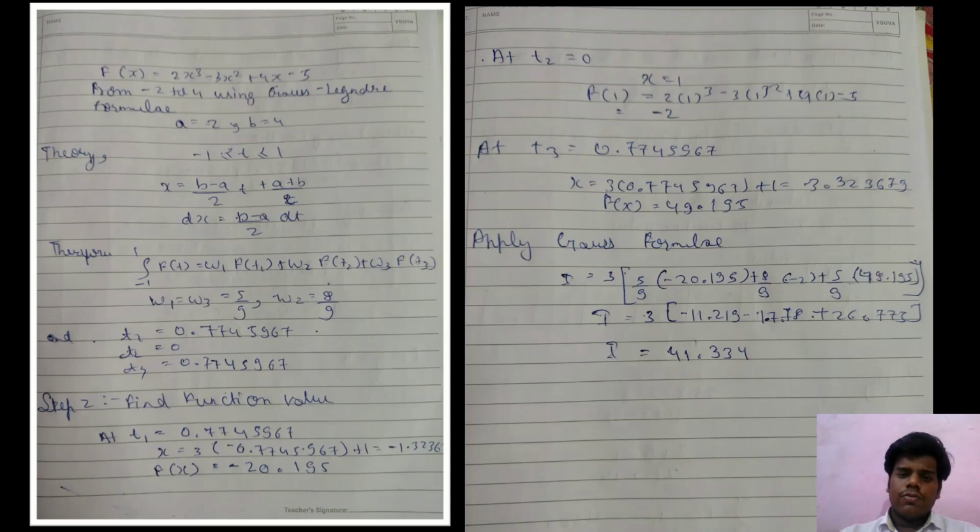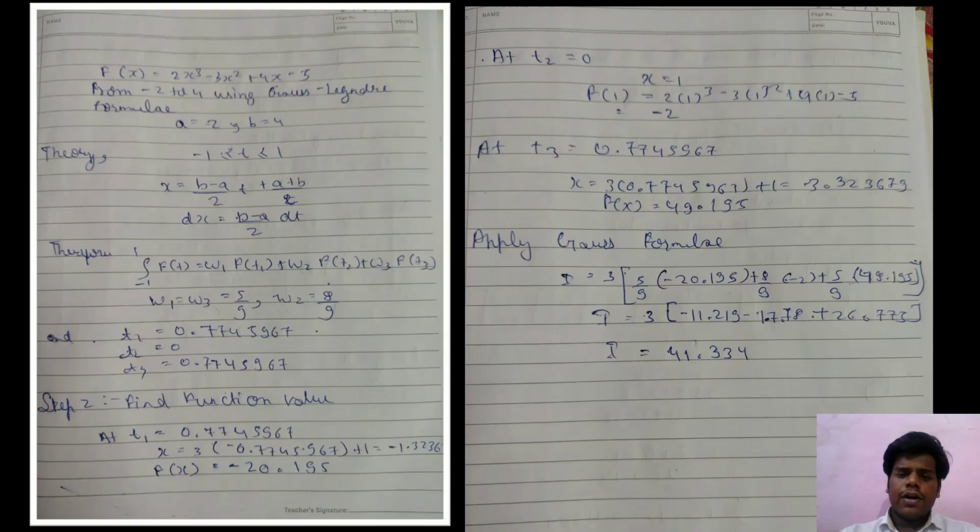Now let's move to t3, 0.7745967. Similarly we compute, and the result is the f(x) value 49.195.